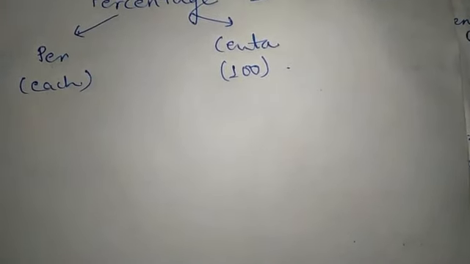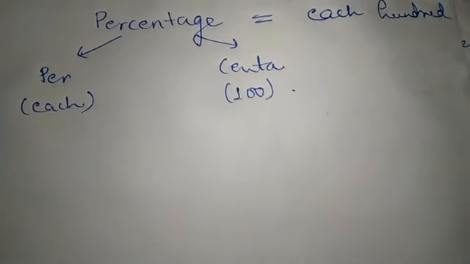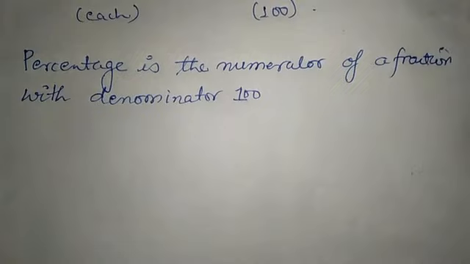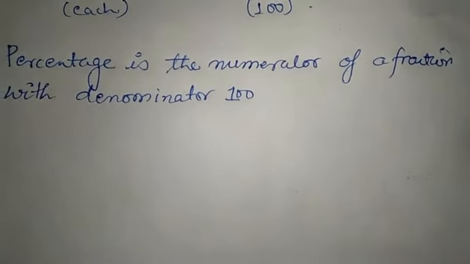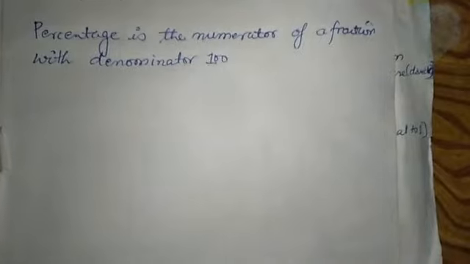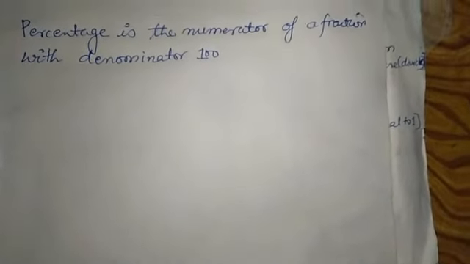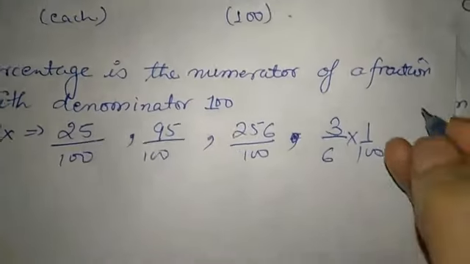Here we will find the value of a number according to each 100. Percentage is the numerator of a fraction with denominator 100. Means, any number having denominator 100, we can find the percentage of that number.